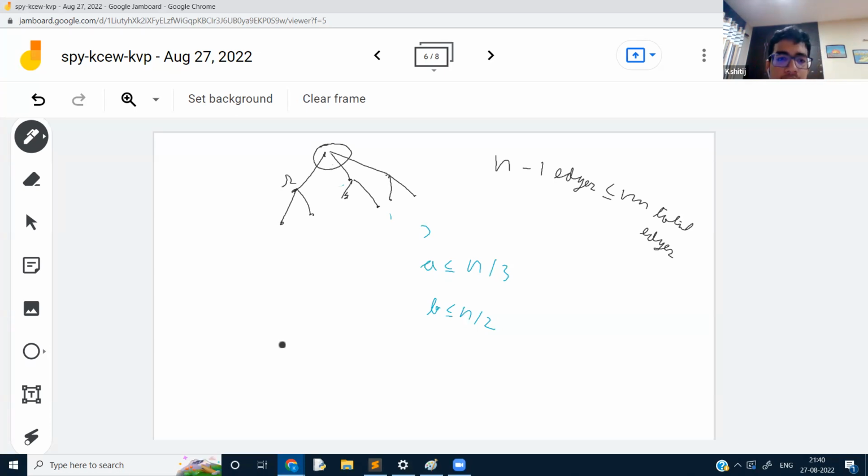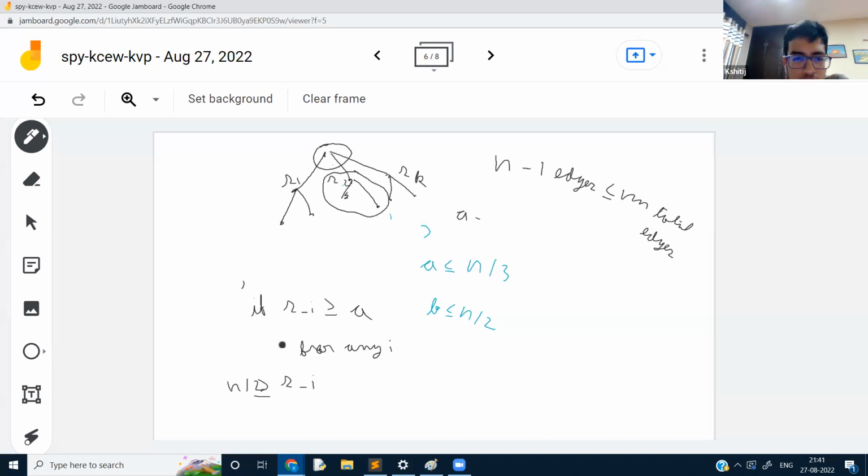And now let us consider the subtree sizes S1, S2, up to Sk, for its k direct children. Now if Si is greater than A for any i, and obviously Si is at most n by 2, so we take the subtree of Si.